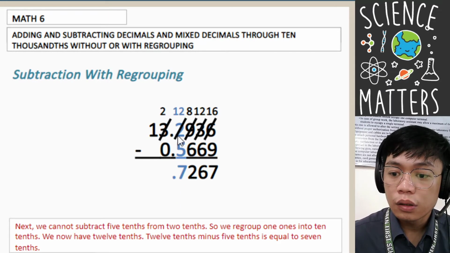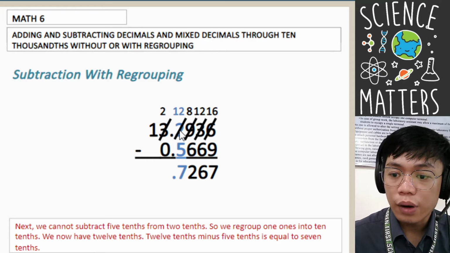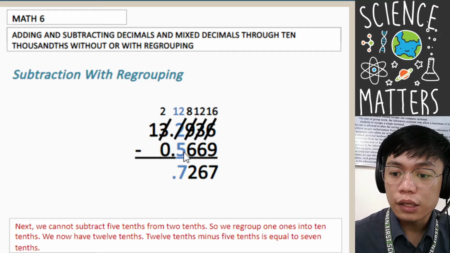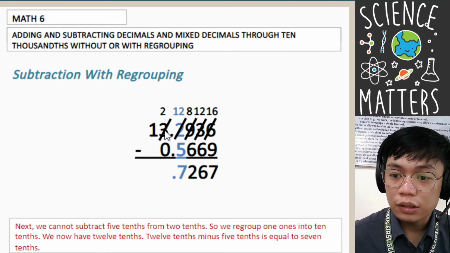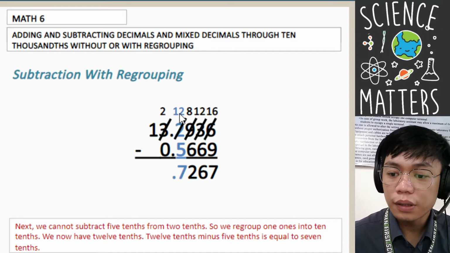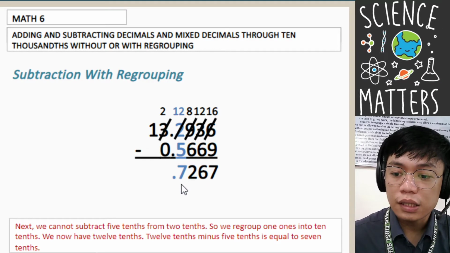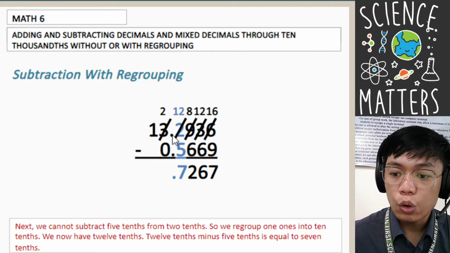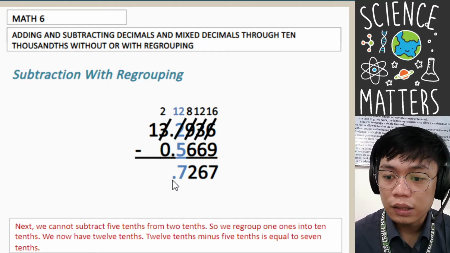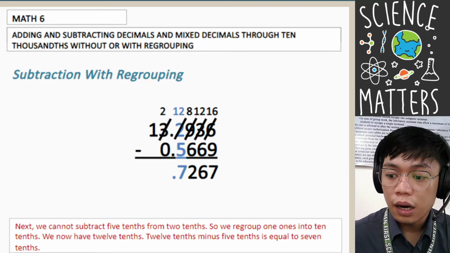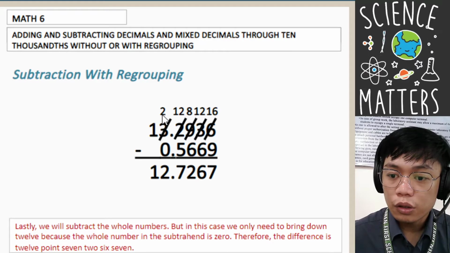Now, we cannot subtract 5 from 2. So we borrow 1 from 3, then the 3 becomes 2, then the 2 becomes 12. Then 12 minus 5 is equal to 7. Then again, like in addition, we are going to copy the decimal point here. 2 minus 0 is equal to 2.